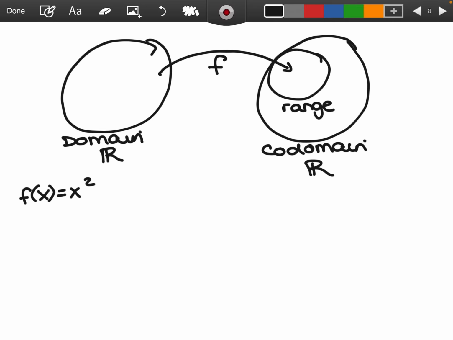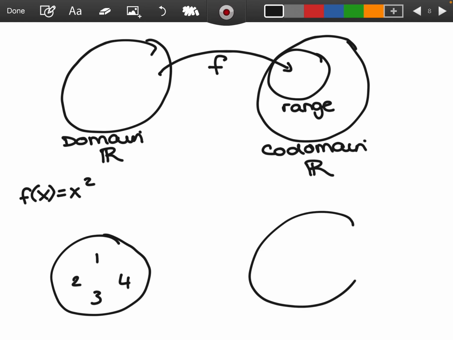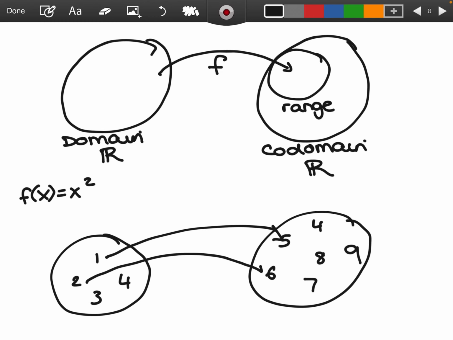There are values in your codomain, this larger set, that you don't necessarily get mapped to. For example, if I had, we'll come back to our x² example in a minute. And for my particular function, whatever f might be, I take each value in my domain and I map to something in my codomain.